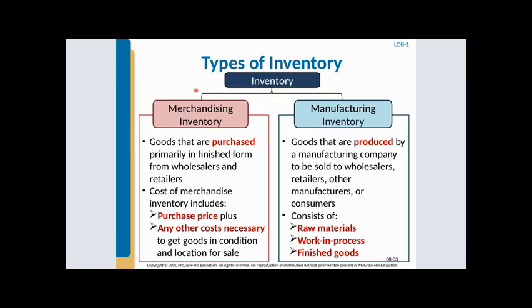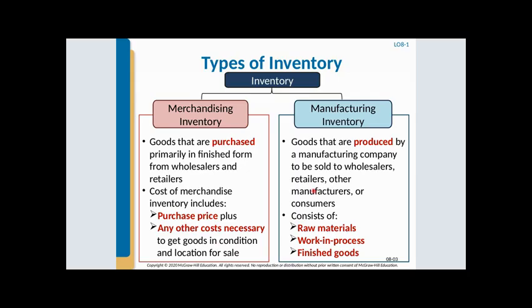So we have two different groups, I guess you can call it. We have a reseller, like we said. They purchase from wholesalers and sell to customers, or it could be a wholesaler selling to a retailer. And then we have a manufacturer, which means that they are actually producing this product.